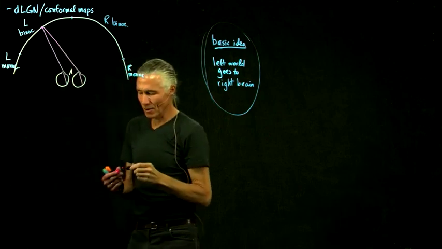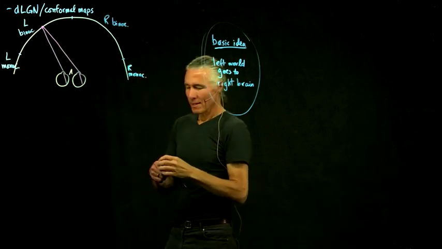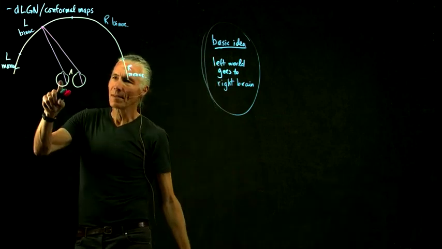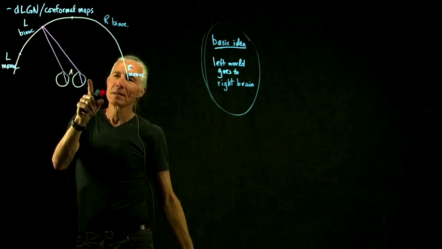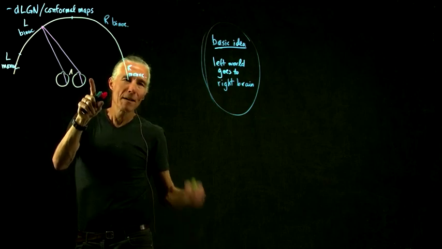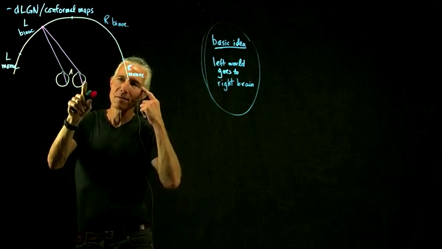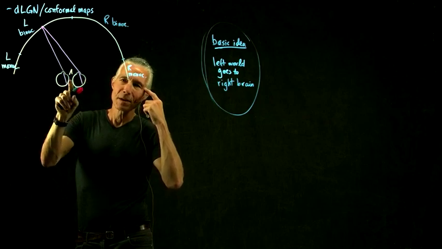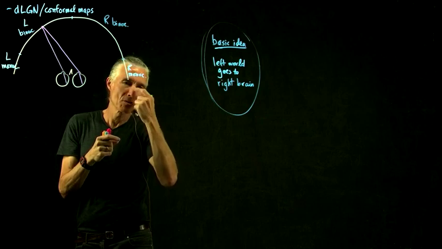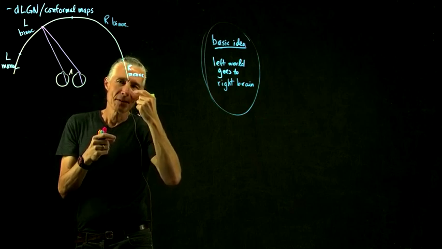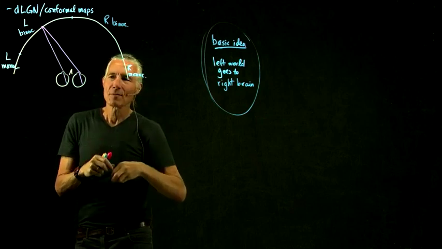And you can see it's going to go to the right side of one eye, also called the temporal part. You can identify the retina itself by saying you've got the nasal retina and the temporal retina, the left and right halves of the retina.